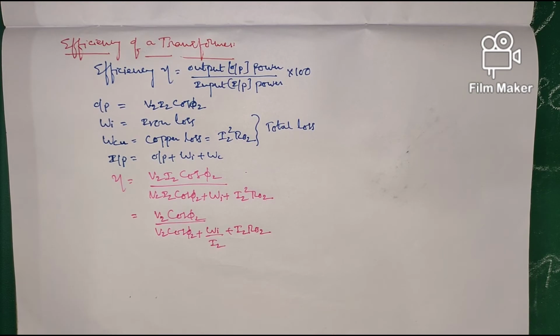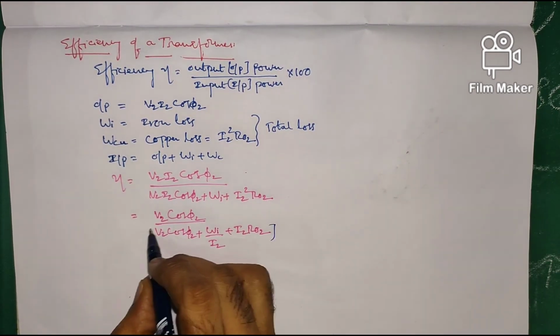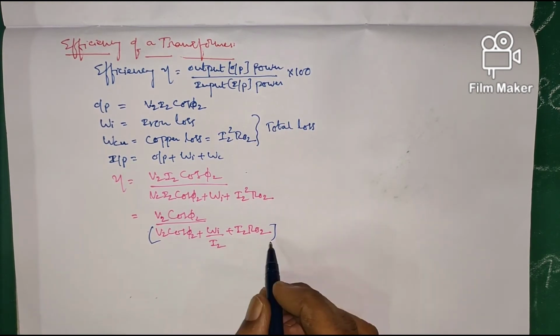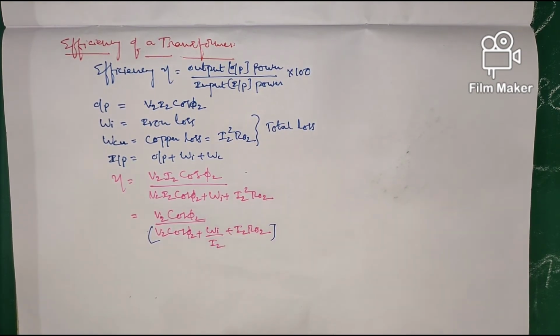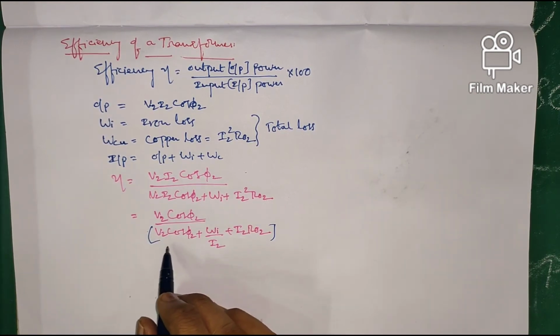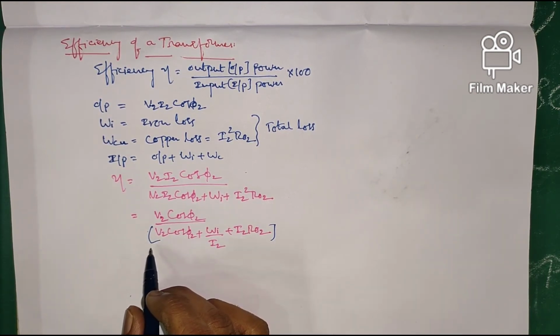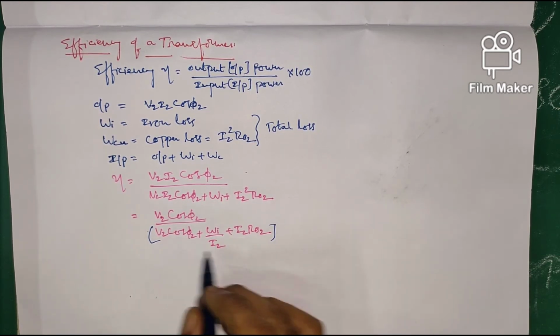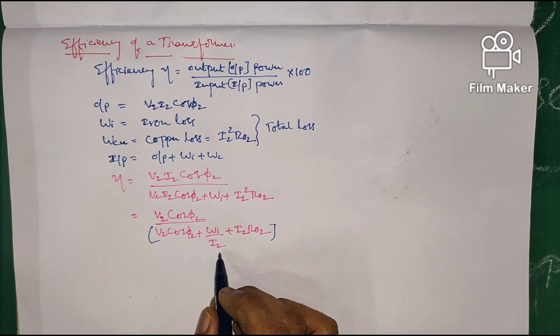And in order to make this fraction maximum, we have to see that the denominator should be minimum. When the denominator becomes minimum, obviously this fraction becomes maximum, hence the efficiency is maximum. And for maximum or minimum of this denominator, the first derivative with respect to the variable, that is the load current, will be equal to 0.